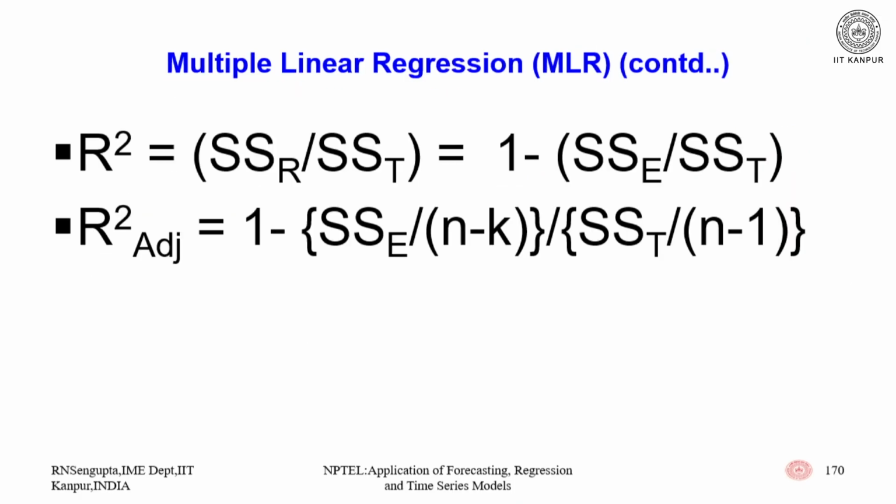Now, utilizing that, we have the R square and the adjusted R square, and remember concept-wise, R square is actually the total regression part which is explained divided by the total sum of squares, explained part plus not explained part.